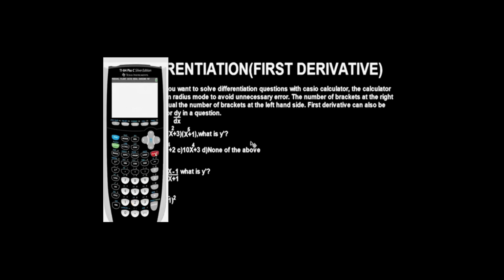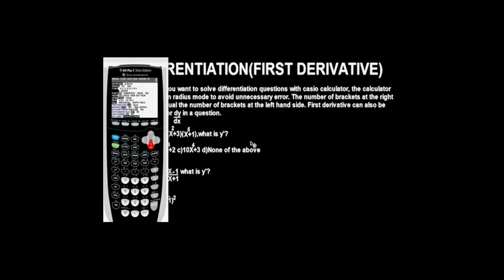The next thing to do is to ensure that the calculator is in radian mode. By default, this TI-84 Plus calculator is in radian mode. You can tell because radian is written on top. If yours is showing degree, press the mode button, then use the navigation button downward to where it is written radian and degree.